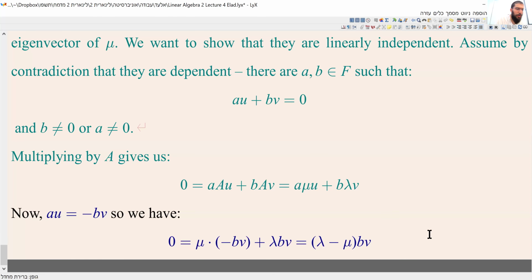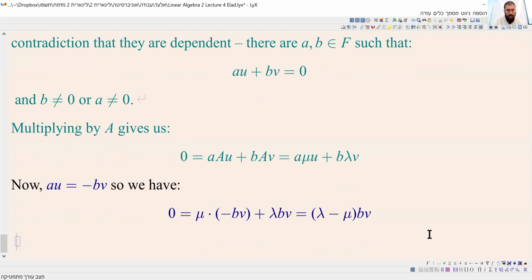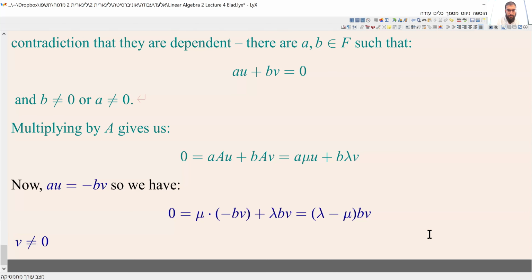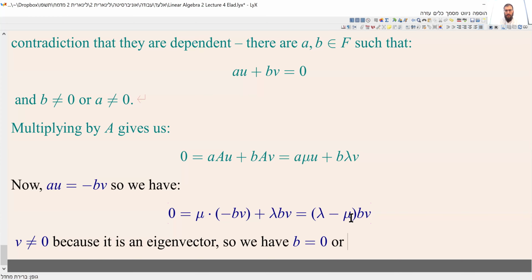Now, V is not 0 because it is an eigenvector. So we have B is 0 or lambda minus mu is 0.